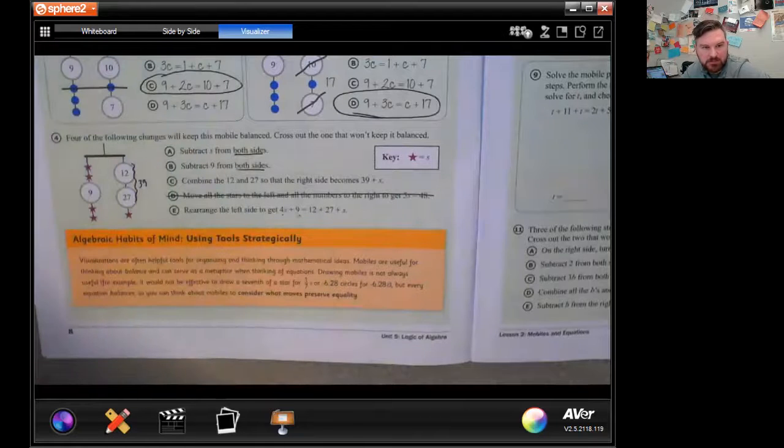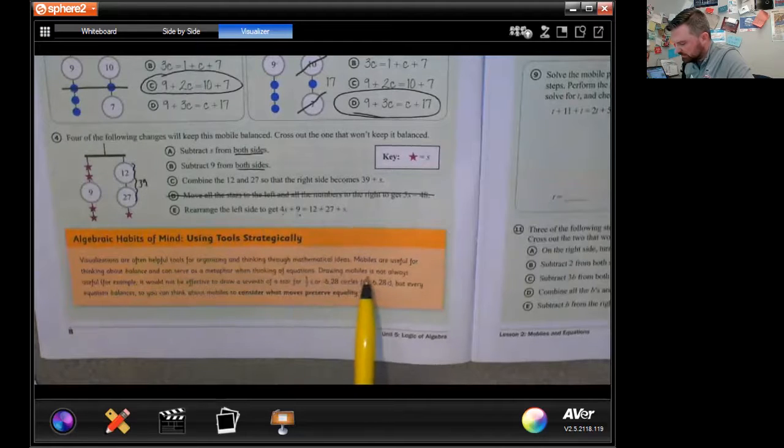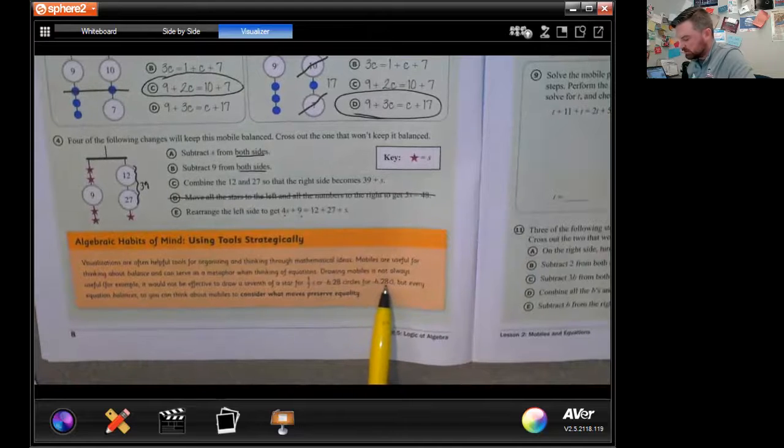Okay, this is algebraic habits of mind. Visualizations are often helpful tools for organizing and thinking through mathematical ideas. Mobiles are useful for thinking about balance and can serve as a metaphor when thinking of equations. Drawing mobiles is not always useful. For example, it would not be efficient to draw a seventh of a star, or 1/7 S, or negative 6.28 circles for negative 6.28c.